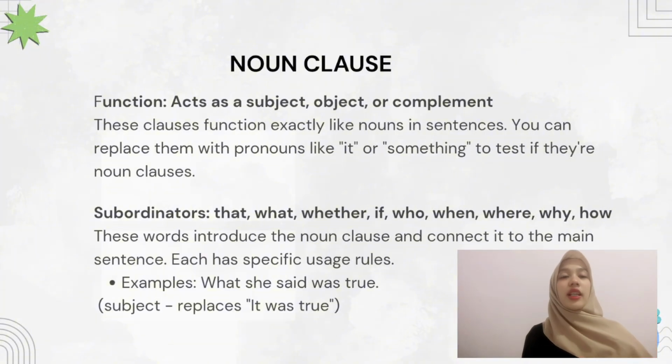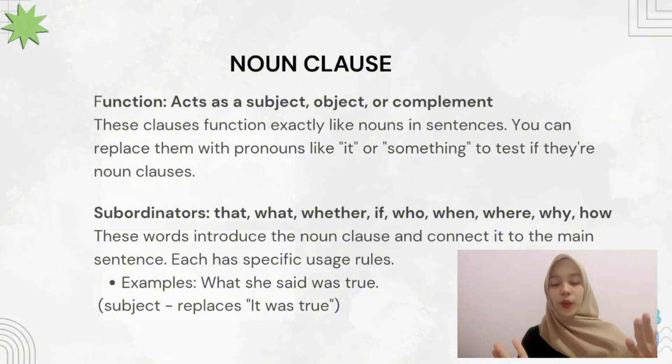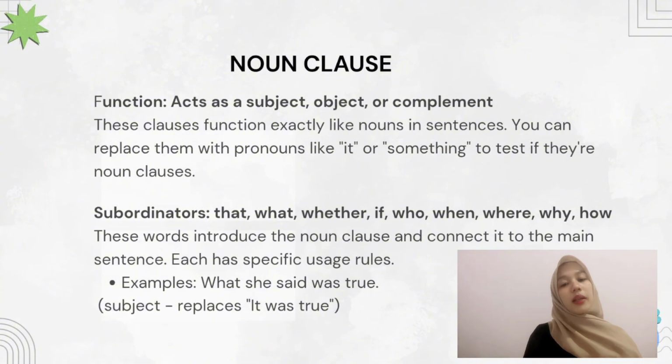The subordinators are that, what, whether, if, who, when, where, why, and how. These words introduce the noun clause and connect it to the main sentence. Each has specific usage rules. For example, what she said was true. The subject is replaced: it was true.